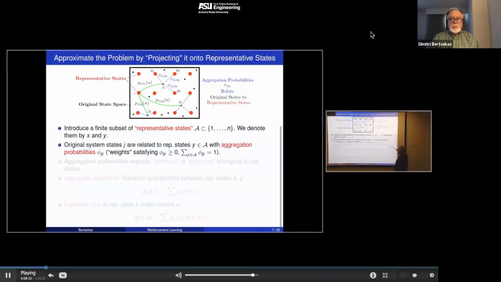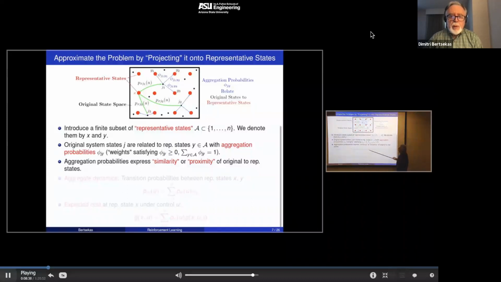And we're going to relate the original system states, like this j, to the aggregate states by means of some kind of a similarity or proximity coefficient. These phis here add up to 1. They are probabilities. They are weights that connect the original system states to the representative states. They are non-negative, and they add up to 1.